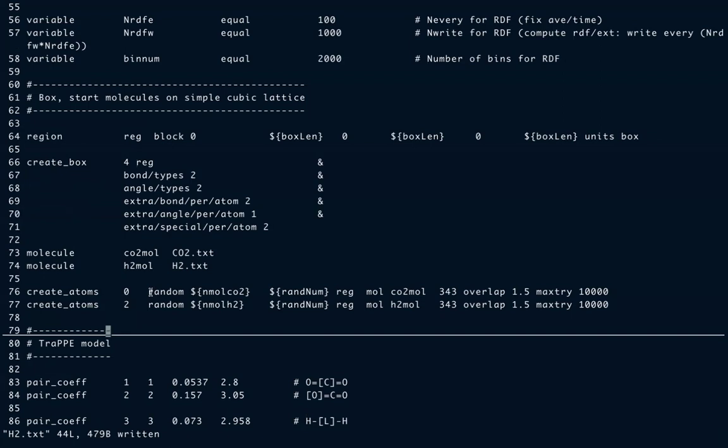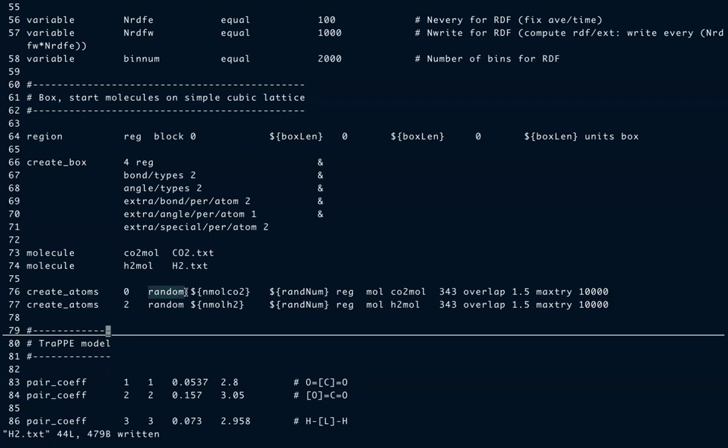Now, how do we want to create the atoms? Here, I'm explicitly instructing LAMMPS that the molecules should be placed inside the box randomly. I don't want it to choose a specific lattice, for example, like a cubic lattice or a face-centered lattice, which is also adopted in many of the simulations.